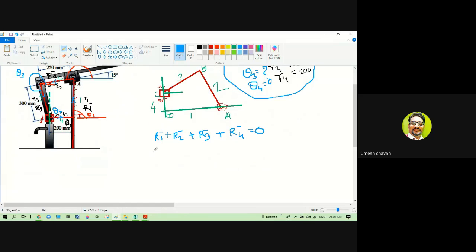R1 bar is R1 e raised to i theta 1, plus R2 e raised to i theta 2, plus R3 e raised to i theta 3, plus R4 e raised to i theta 4.